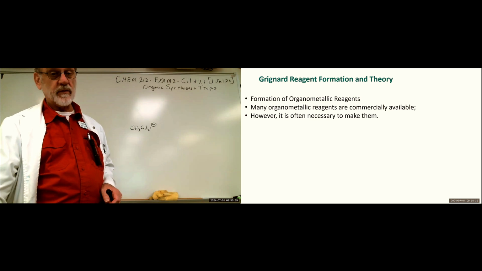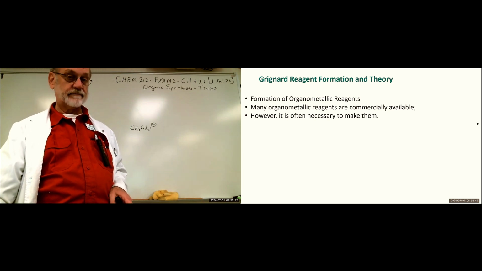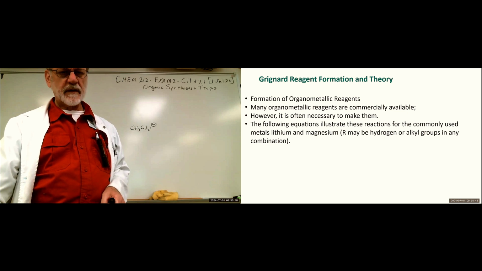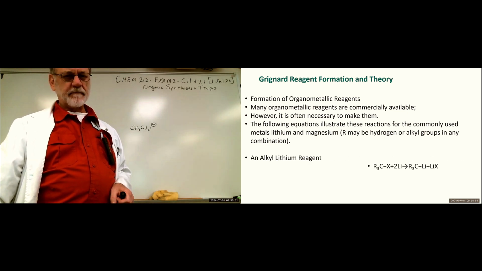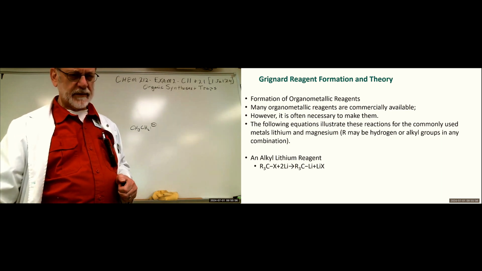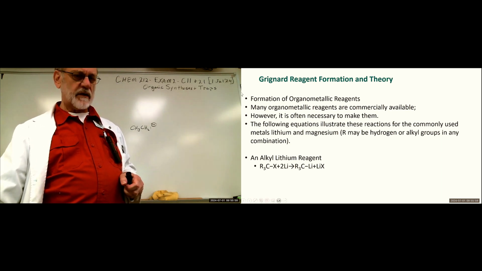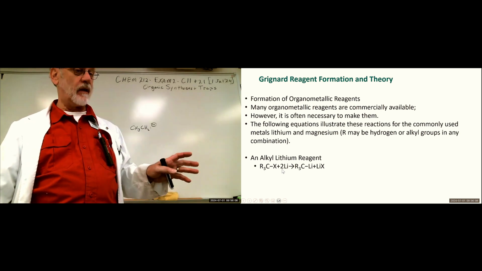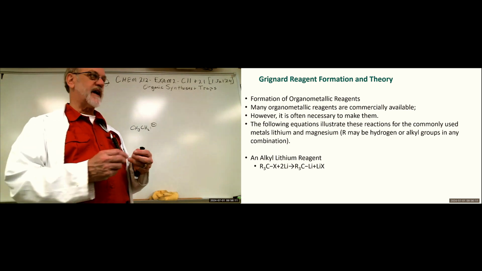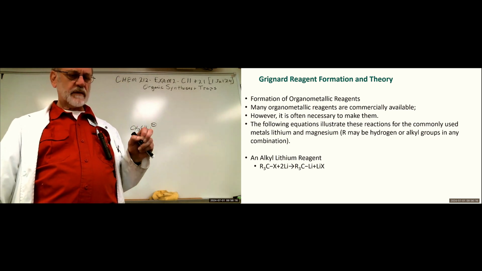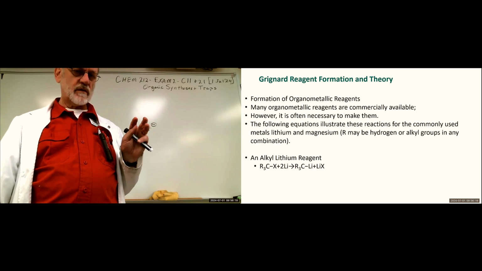Many of these reagents are available, but sometimes you have to make them yourself, especially if they're particularly unstable. This is a generic alkyl lithium reagent. You start with a haloalkane and then lithium metal, which must be very finely divided, and that attaches to the alkyl group.